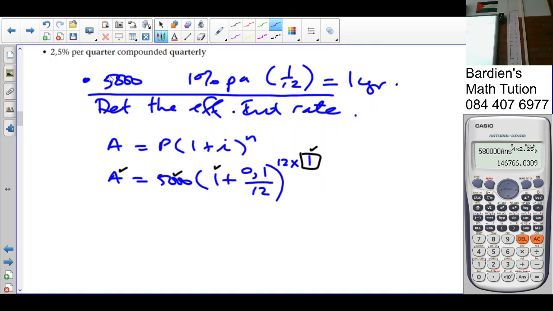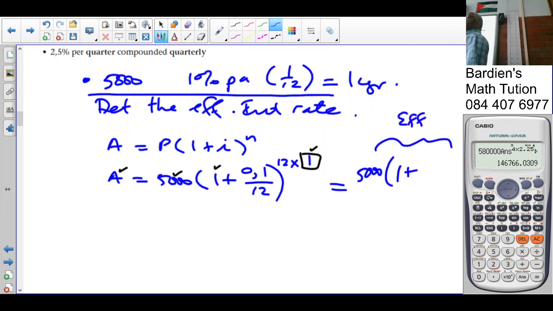So if I go with that formula, since this is your A, it's equal to P, which is 5,000, into 1 plus I, remember, this is an effective interest rate, or a yearly interest rate, compounded annually. So that will be I to the exponent n, which is 1. You all agree with that?